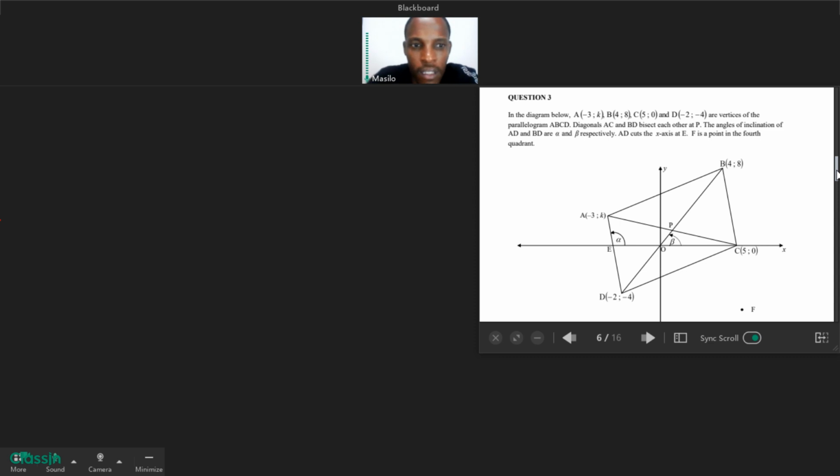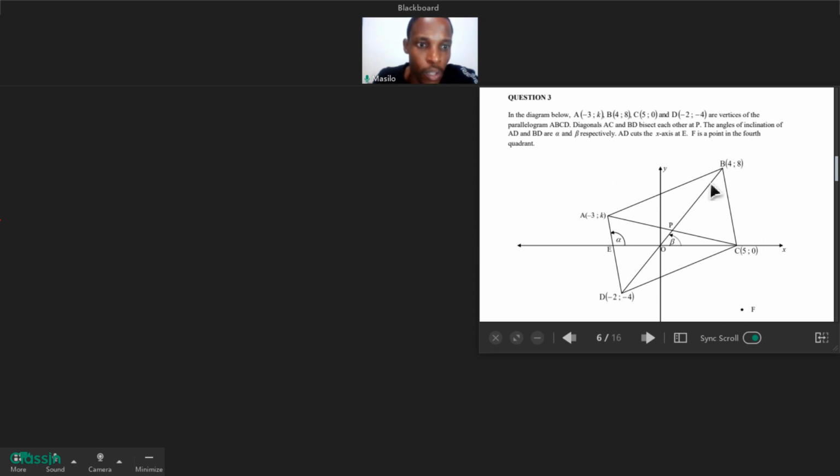One thing we mentioned is that when you have diagonal lines, you must always remember that diagonals have the same midpoint. The angles of inclination of AD and BD are alpha and beta respectively. Then line AD cuts the x-axis. If you check here, we have line AD, so our line AD cuts the x-axis at point E. And F is a point in the fourth quadrant.